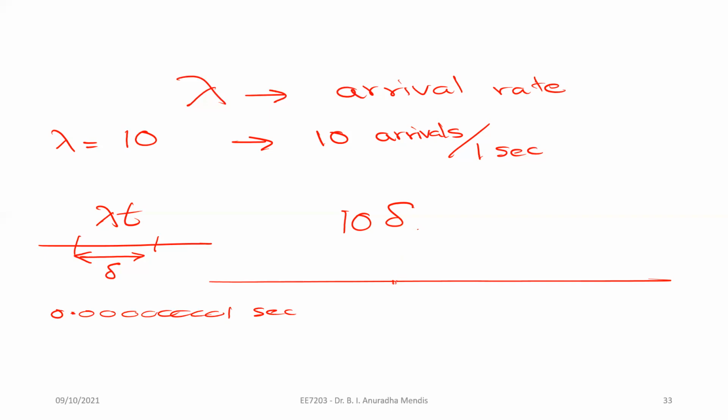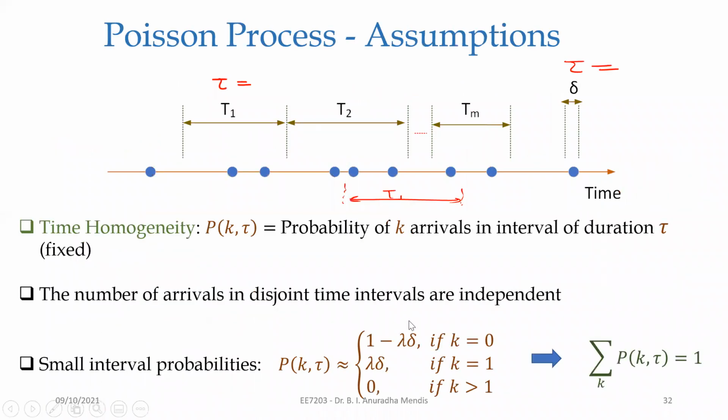One arrival can happen, but not 2, 3 arrivals, because this is very small. But what is the probability? During 1 second, you can have lambda, so during delta second, you can have lambda delta. So that is that probability. Okay? Lambda delta.